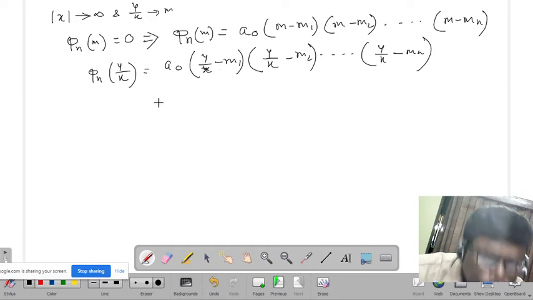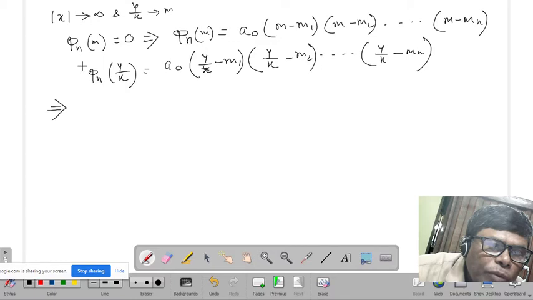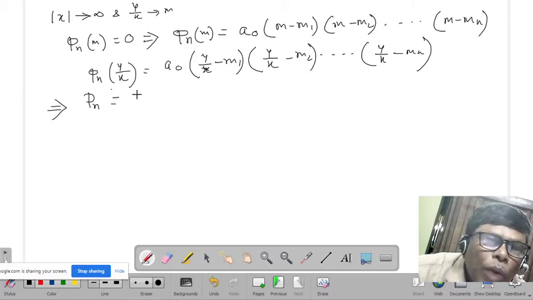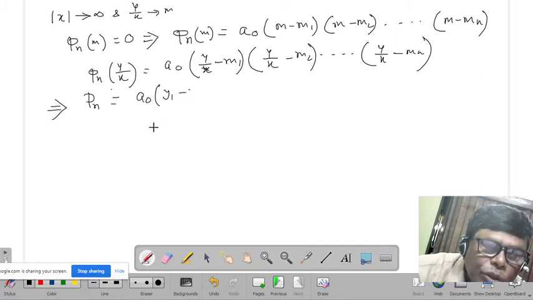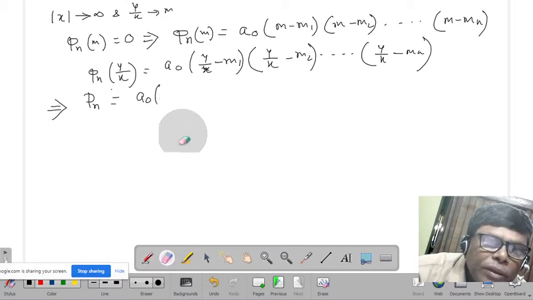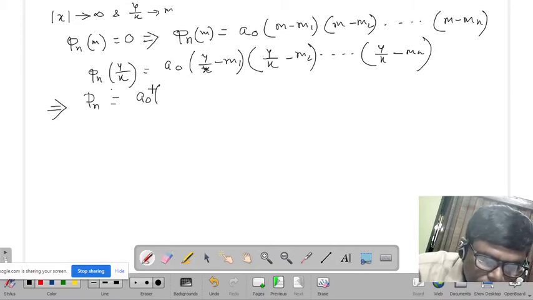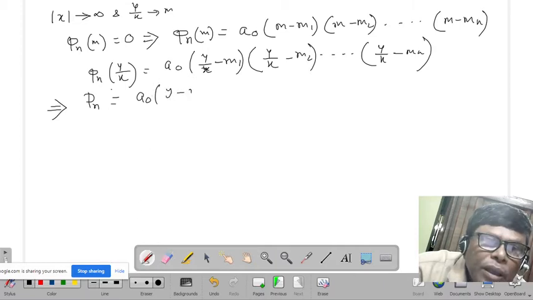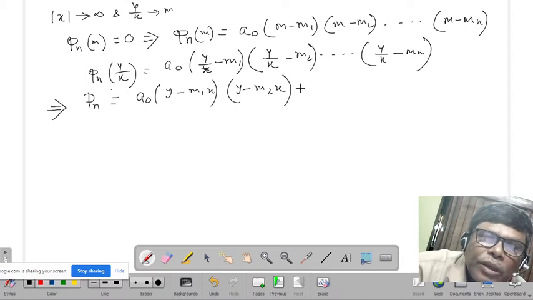Okay, this implies, where from we have got it? We have got it for phi n. So this is nothing but a0 into y minus m1x, y minus m2x, y minus mnx.